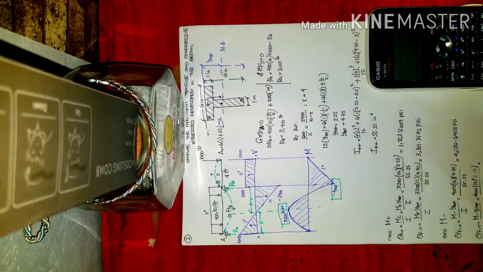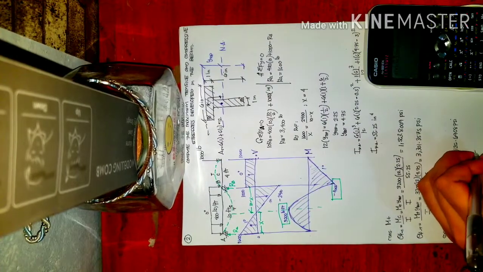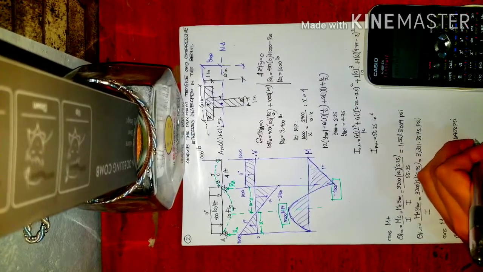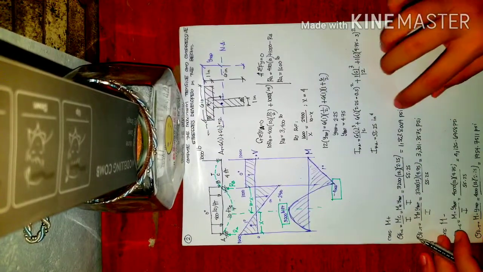So what is the answer? So 4,000. So ito mapapalitan lang 2.25. So that is 1,954.7511 PSI. Okay, so as you can see, we have 4 answers.